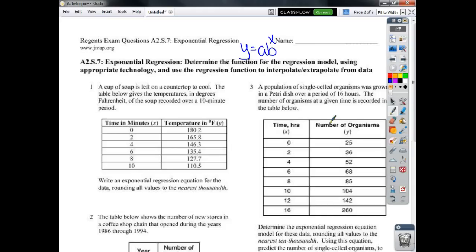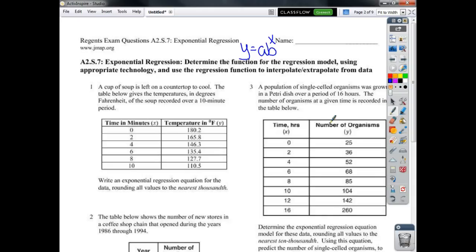So write that down, because that's not going to be on your formula chart. You have to memorize y equals a times b to the power of x. And the good thing is, if one of these pops up, the answer choice is going to look something like that. Does that make sense? So it'll remind you.